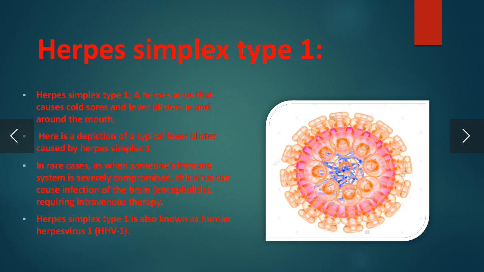Here is a typical fever blister caused by herpes simplex 1. In rare cases, as when someone's immune system is severely compromised, this virus can cause infection of the brain. Herpes simplex type 1 is also known as human herpes virus 1, HHV1.